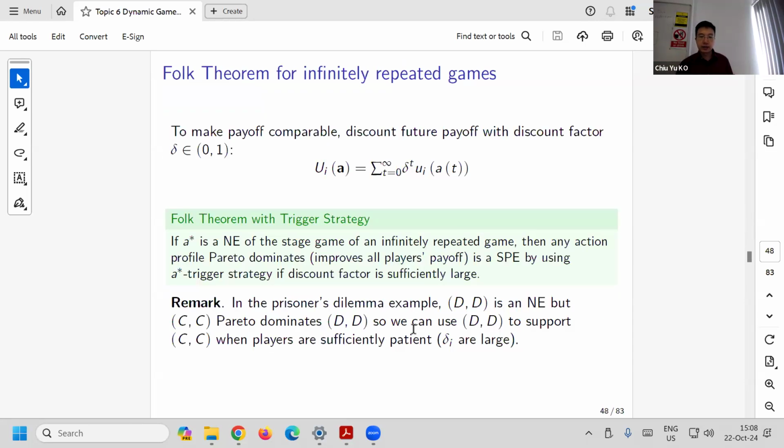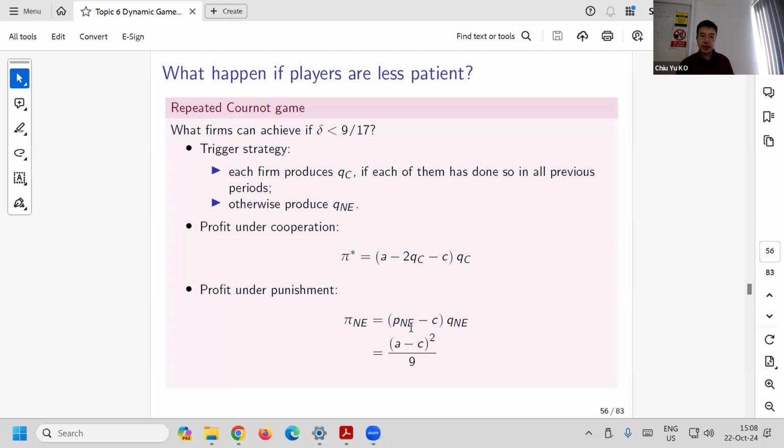That is the main idea. Because we can't sustain at the monopoly level, we try to do it inefficiently. We produce much more when we collude, such that if you deviate, there is not much gain, because we produce more than the monopoly level.